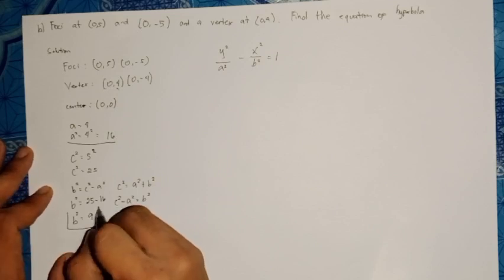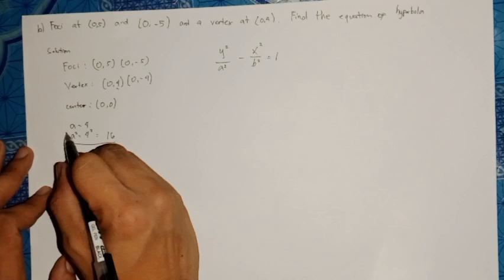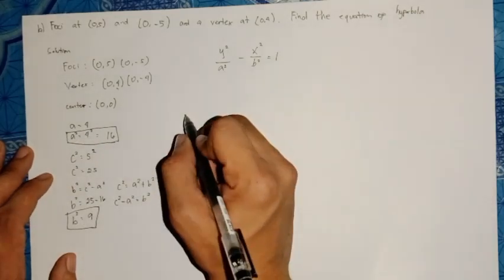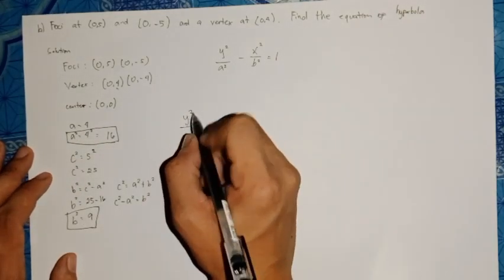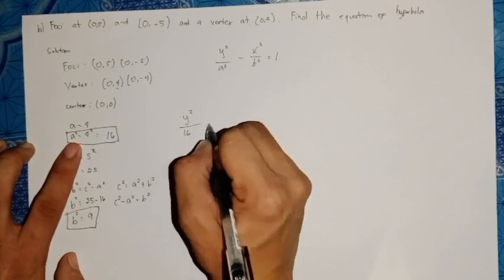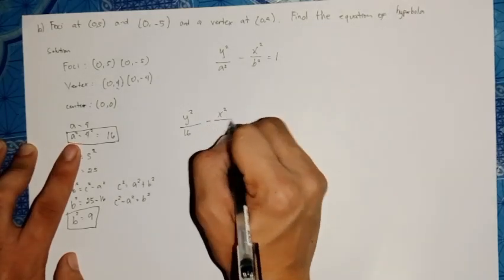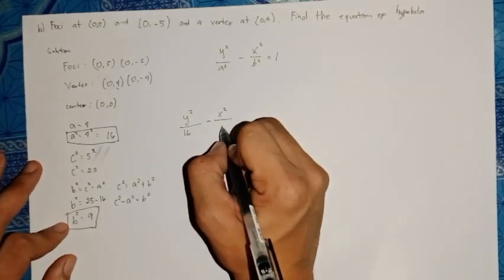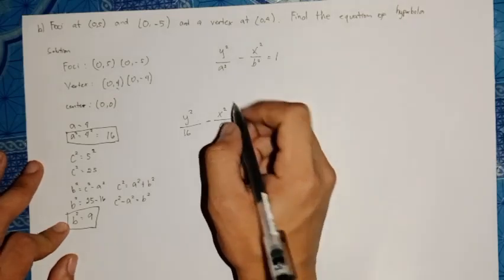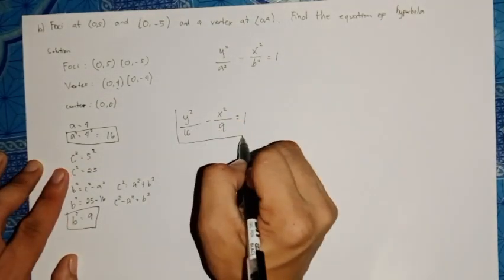We have b squared and we have a squared. Therefore, the equation is y squared over 16 minus x squared over 9 is equal to 1. This is now the equation of this hyperbola.